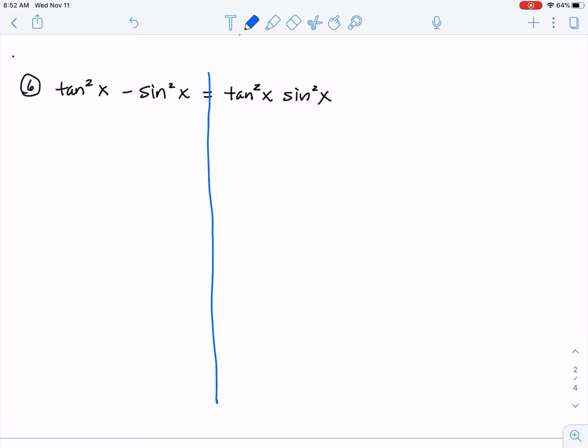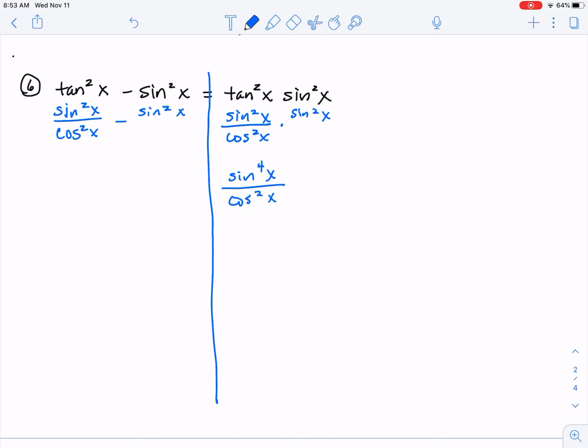So tangent squared x is sine squared over cosine squared, and that is minus sine squared. And this on the right-hand side is sine squared x over cosine squared x times sine squared x. Okay, well, let's see. What does that equal to? That is a sine to the 4th x over cosine squared x.